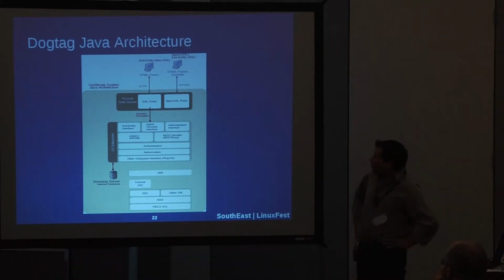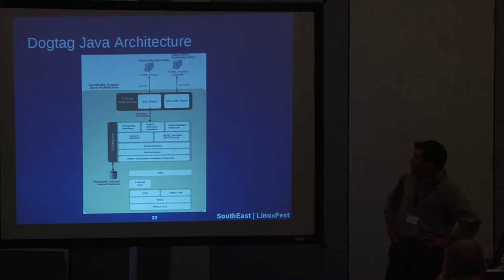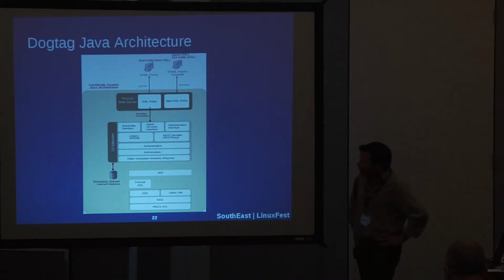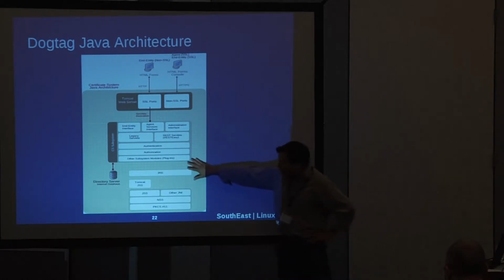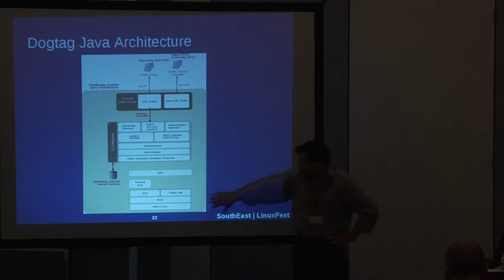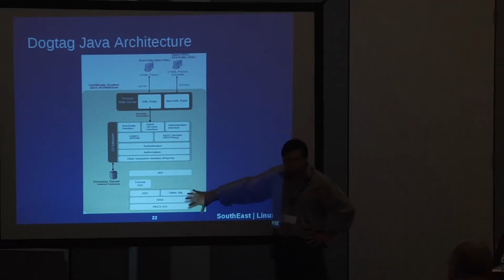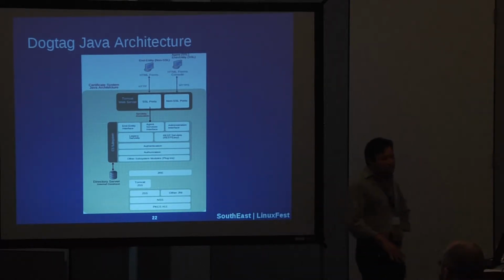Okay, so Dogtag architecture. Essentially, most of the Dogtag subsystems are Java subsystems. The key point over here is that at the bottom of the stack you have NSS. NSS and the PKCS 11 modules are the things that do the encryption and the things that we rely on to talk to tokens, soft tokens and hardware tokens.